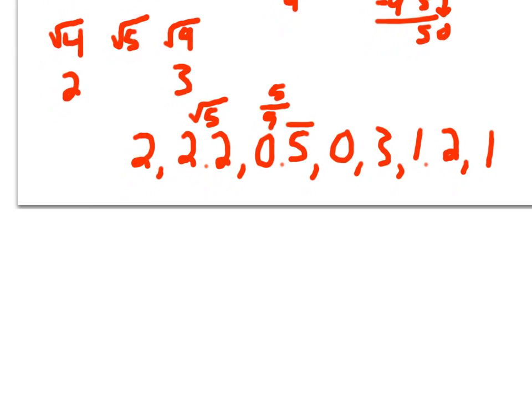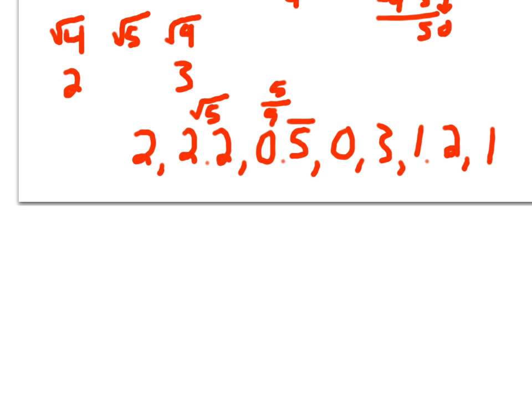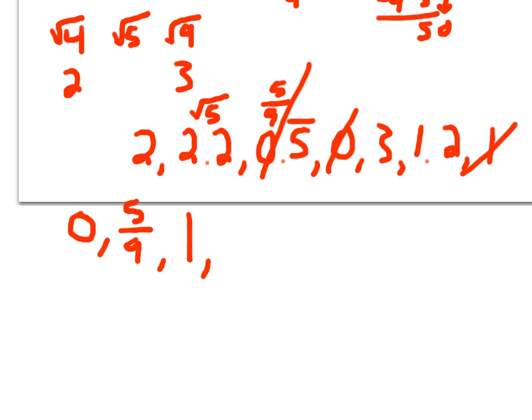Well, let's go ahead and put them in order. 0 is the lowest one. Next is 0.5 repeating. That was 5 ninths originally, so we'll put it in as its original number, 5 ninths. Next is 1, then after that it's going to be 1.2.